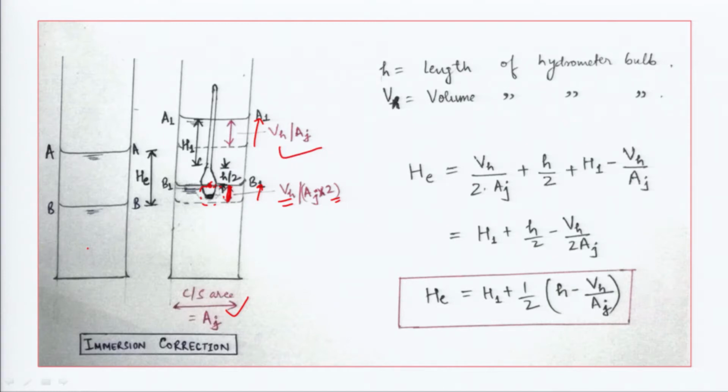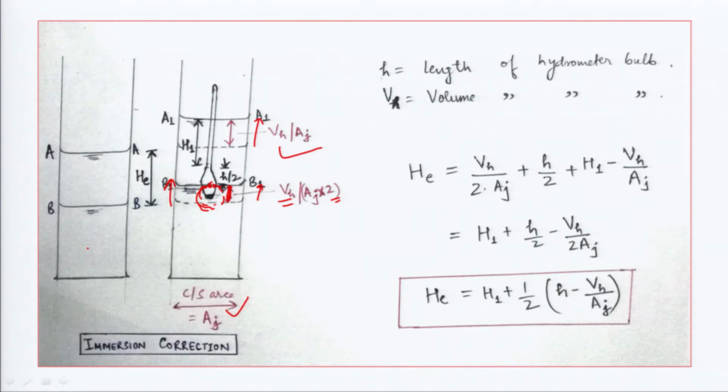Now let us take H as the length of the hydrometer bulb, that is the smaller, lower portion, and Vh is the volume of the hydrometer bulb. So the lower portion of the bulb is V by 2 and the upper portion is V by 2, the entire portion. So the B to B1 thing will be affected by the V by 2 part.